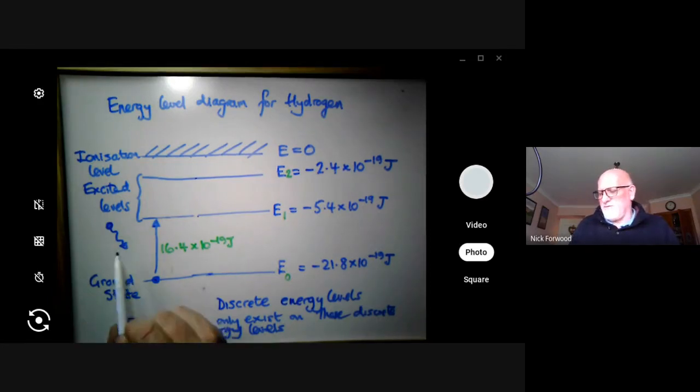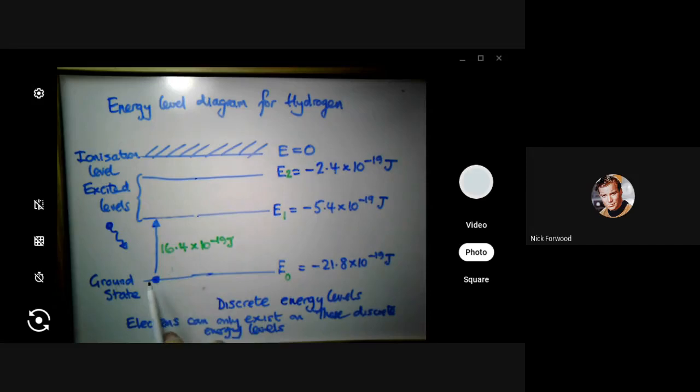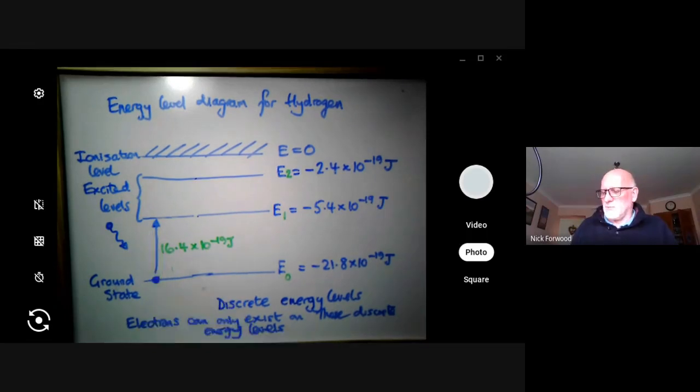Only if this photon of incoming energy carries exactly 16.4 times 10 to the negative 19 joules can the electron leap up there. No other energy is enough or too much. It's got to be exactly that. So you've got to find a photon that comes in here with 16.4 times 10 to the negative 19 joules, then it can make that jump.